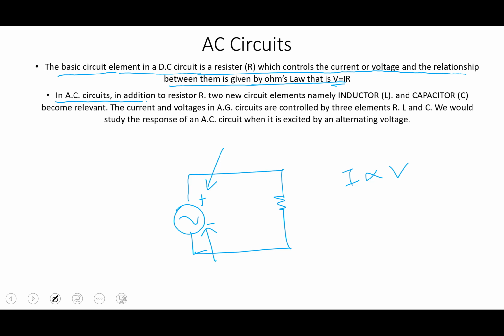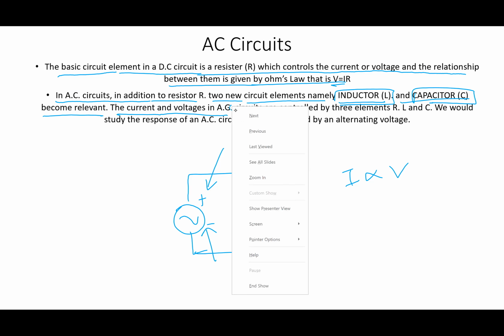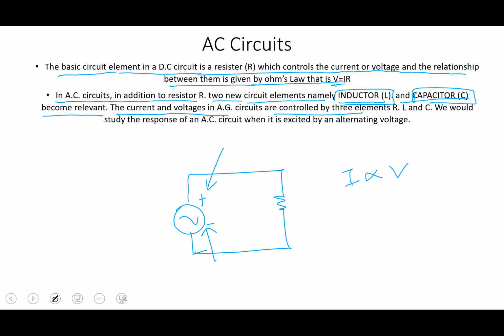In an AC circuit, in addition to the resistance, two new circuit elements, namely the inductor, which is represented by L, and the capacitor, which is represented by C, become relevant. The current and voltages in an AC circuit are controlled by three elements, which are resistance, inductor, and capacitor. We will study the response of an AC circuit when it is excited by an alternating voltage.